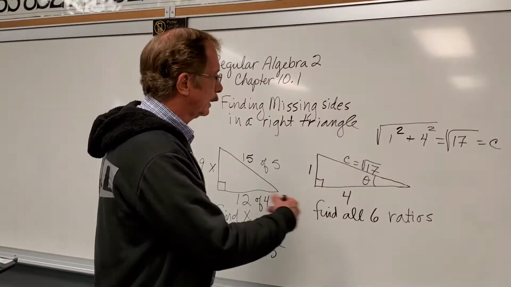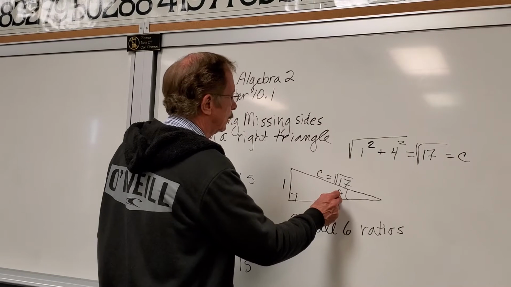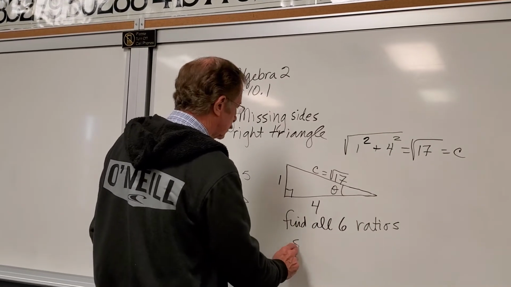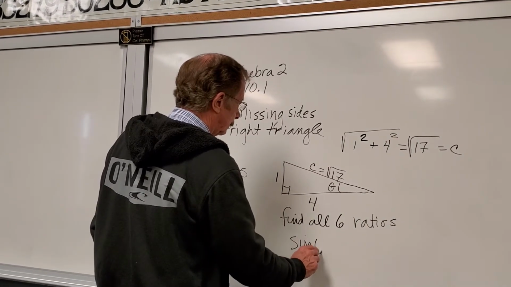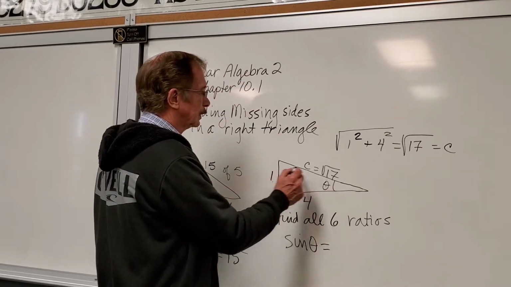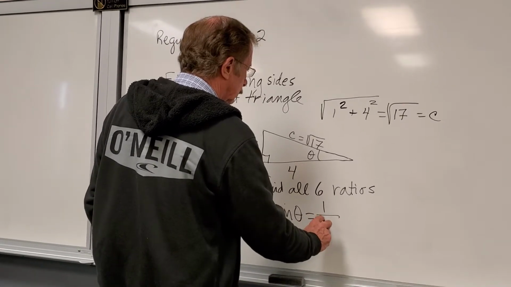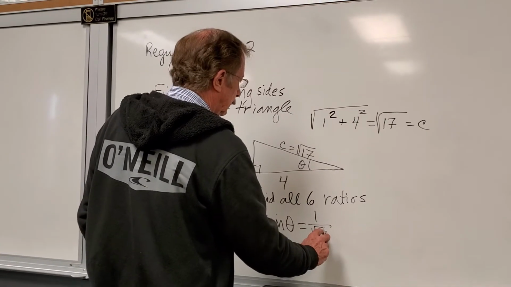So let's start writing out then. And since this is theta, I want to start with the sine of theta, and this would be the opposite side over the hypotenuse, so I have 1 over square root of 17.